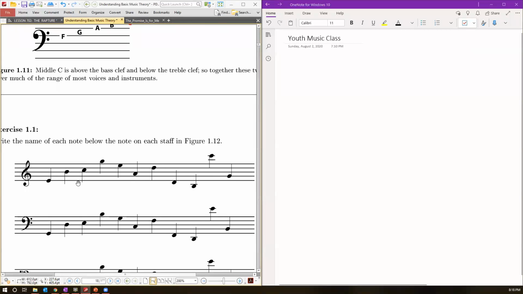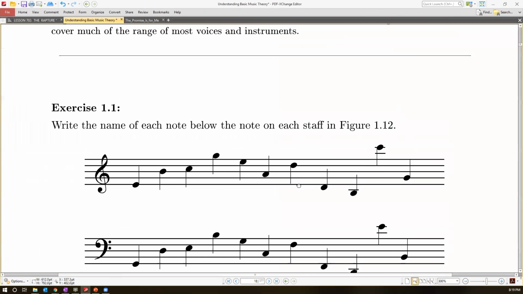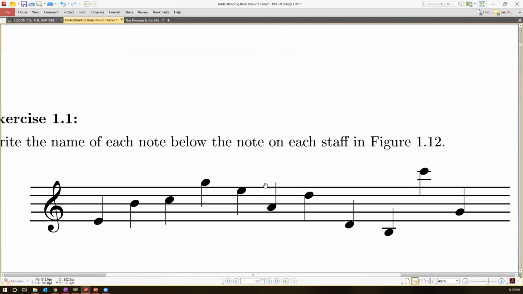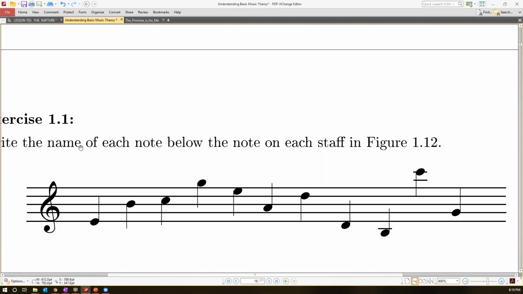So, first of all, when we have a stave like this, what do we do first? First thing is to find the clef.